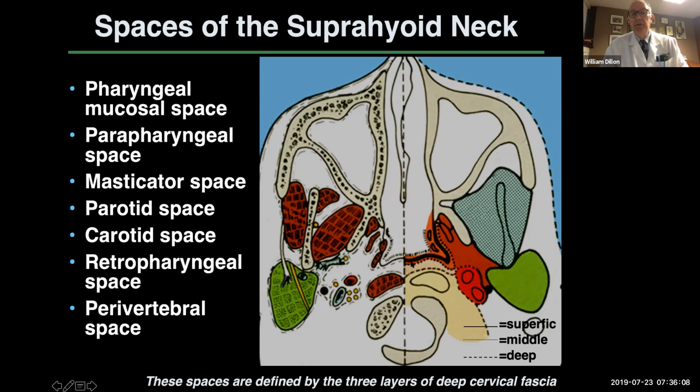The potential retropharyngeal space, which can be involved in infections and other pathology of the pharynx. And the paravertebral space around the bones, which can sometimes bulge into the head and neck. And so you see some anatomy on the left side of this screen and the spaces on the right.